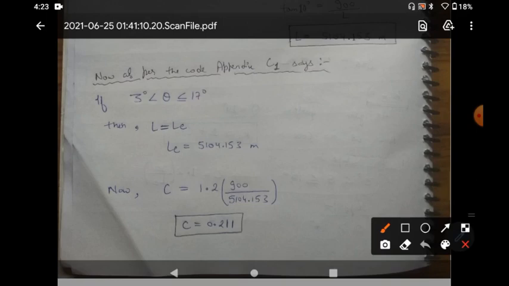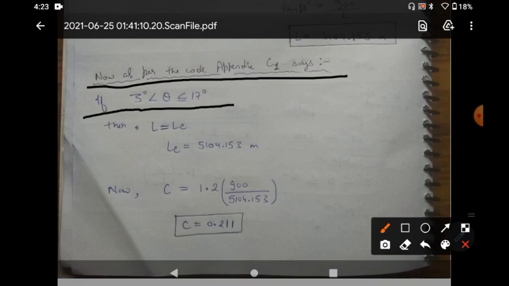As per the IS code, Appendix C1 says if theta is greater than 3 degree and less than 17 degree, then the value of L is equal to the effective length LE. So here L will be equal to LE.